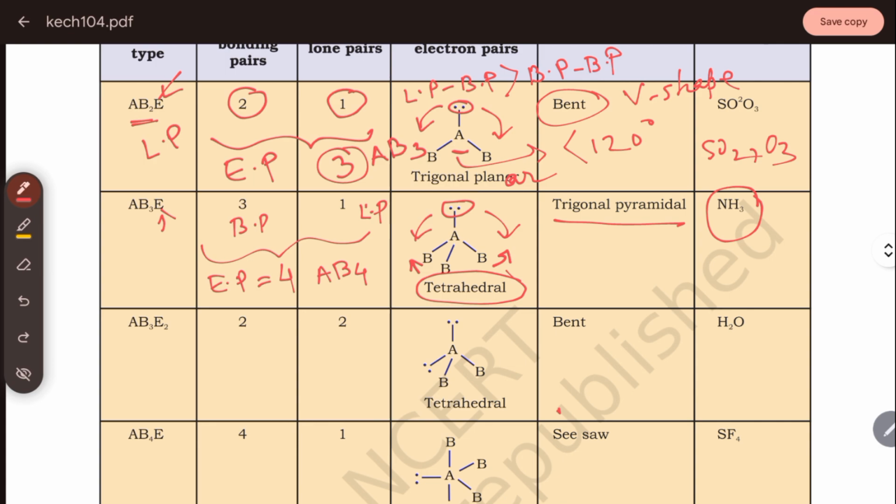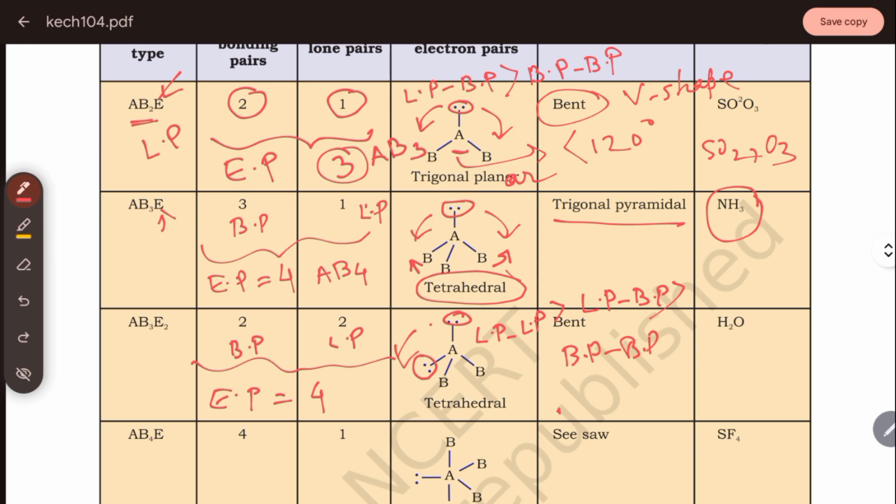Now, this is again 2 lone pairs and 2 bond pairs, giving rise to 4 electron pairs again. But keep in mind that there are 2 lone pairs. So here we have lone pair to lone pair repulsion, which is greater than lone pair to bond pair repulsion, which is again greater than bond pair to bond pair repulsion.